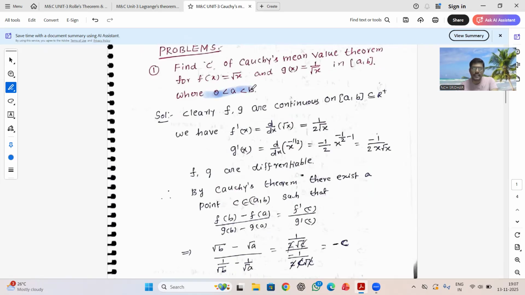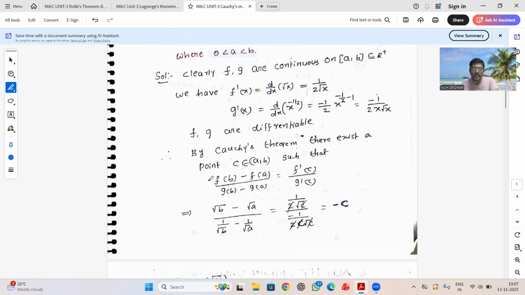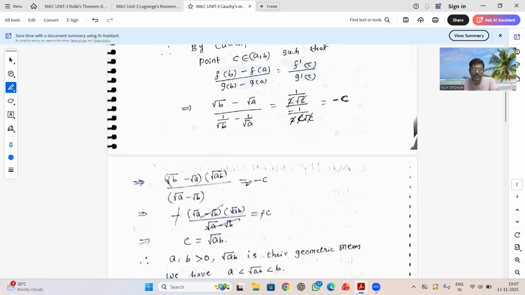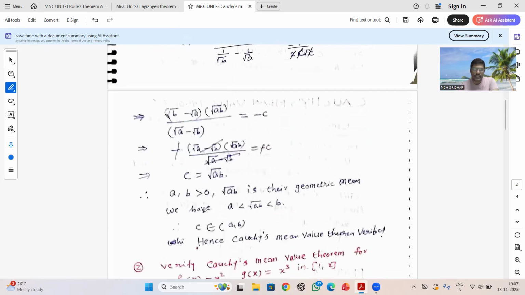because there is no 0, 0 less than a less than b. If 0 is there in the interval, then g dash x does not exist, f dash x does not exist, but 0 is not there in the interval. Clearly it is given that 0 less than a less than b. Okay, so now using the condition (f of b minus f of a) by (g of b minus g of a) is equal to f dash c by g dash c, we substitute and calculating the values, we get c is equal to root ab.